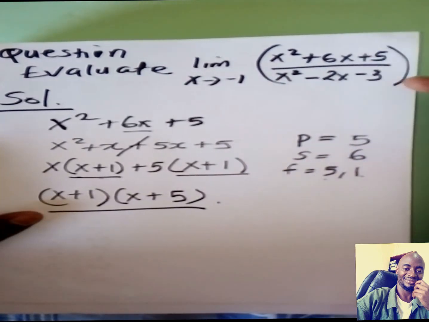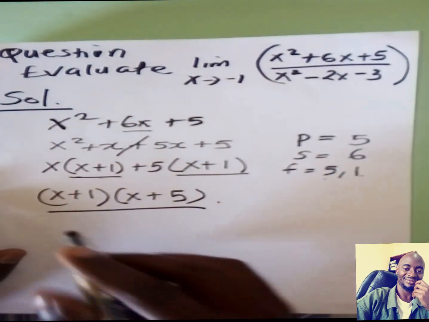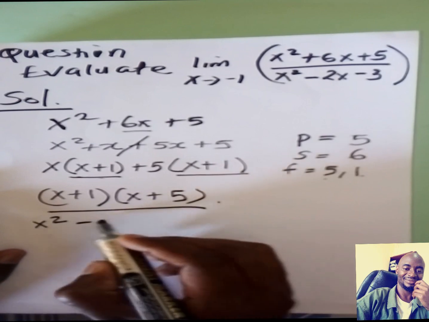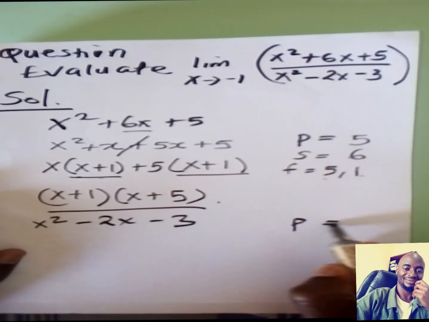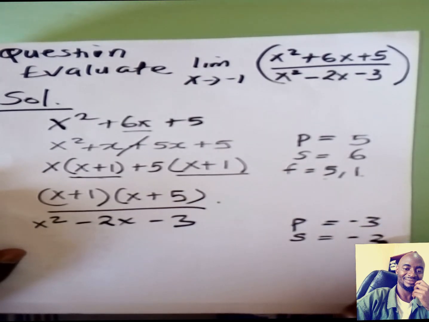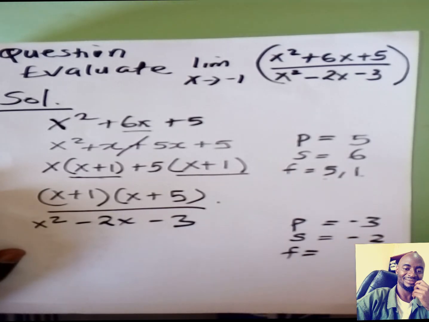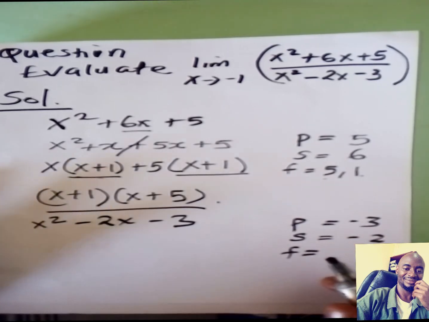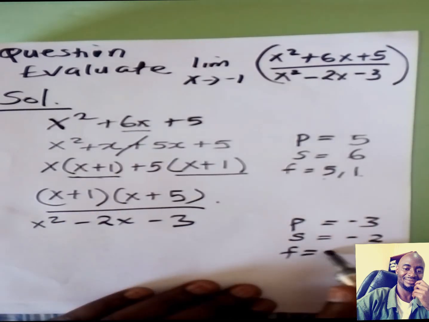Then I go to the factorization of the denominator. The denominator is x squared minus 2x minus 3. The product is equal to -3 and the sum is equal to -2. The two numbers that will satisfy these two conditions are -3 and 1.